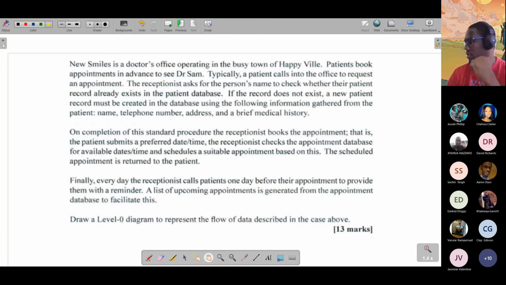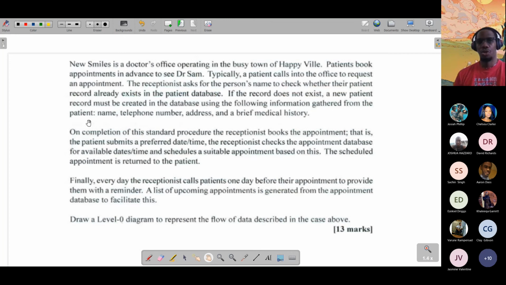The aim is the first level diagram, but just for your practice and understanding, I suggest that you also do the context diagram. So look at what is going to go into the system of New Smiles, and what is going to come out of the New Smiles patient booking system.